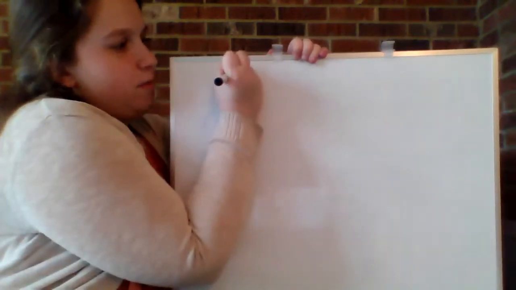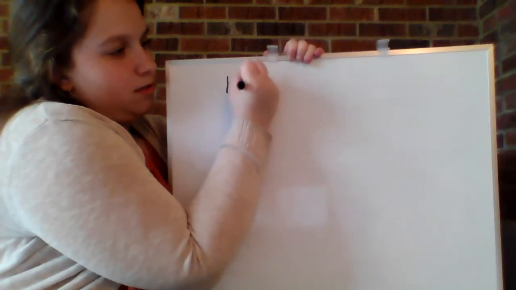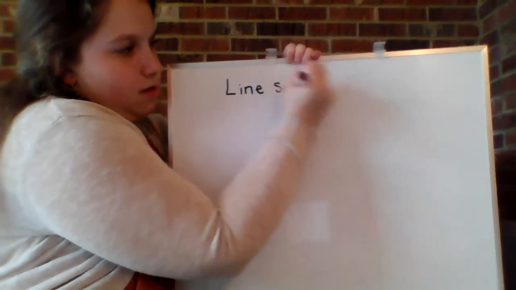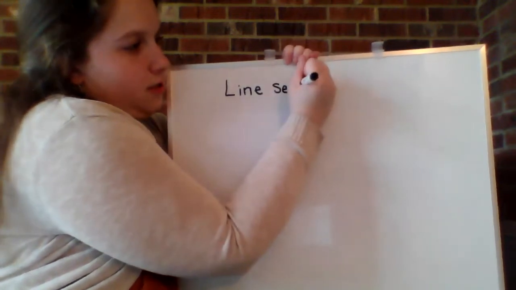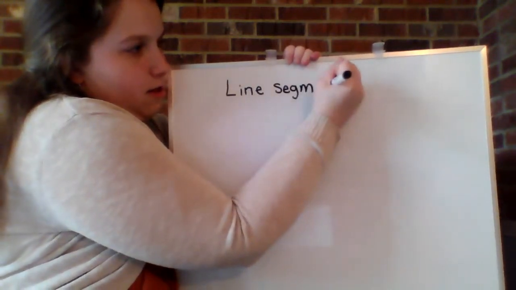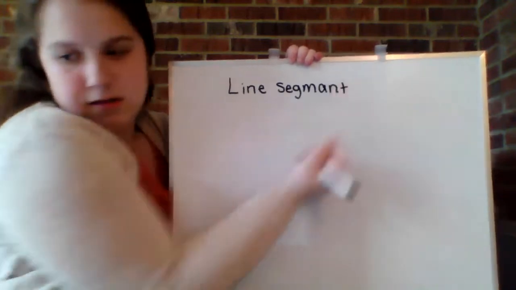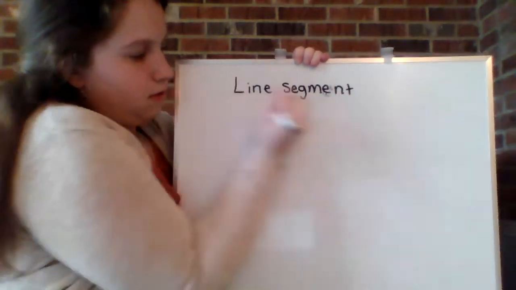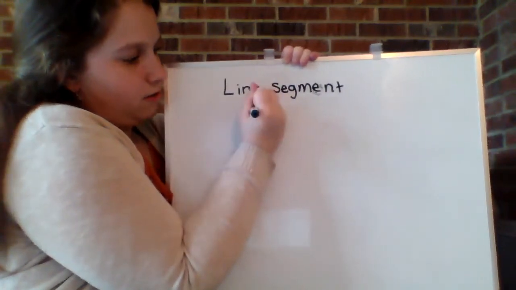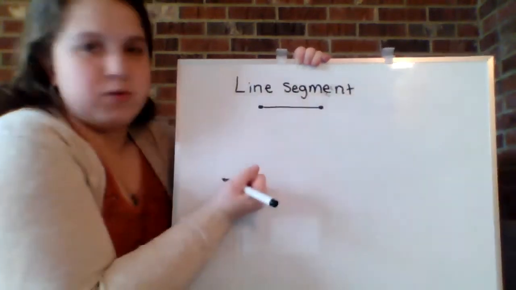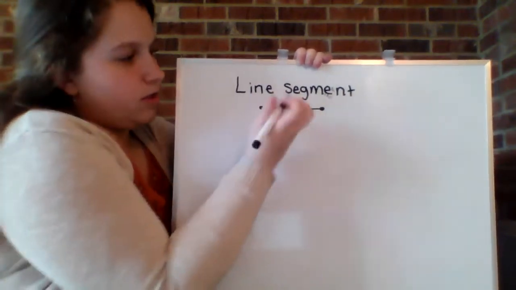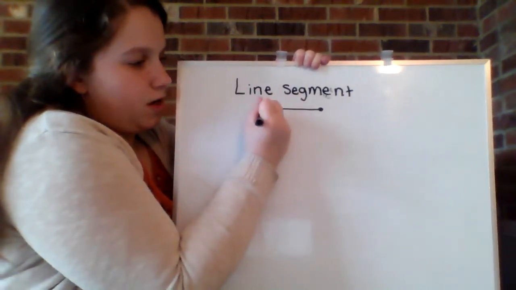So if you remember, a line segment looks like this. It has our endpoints on both sides and a line in the middle. So a line segment is straight.